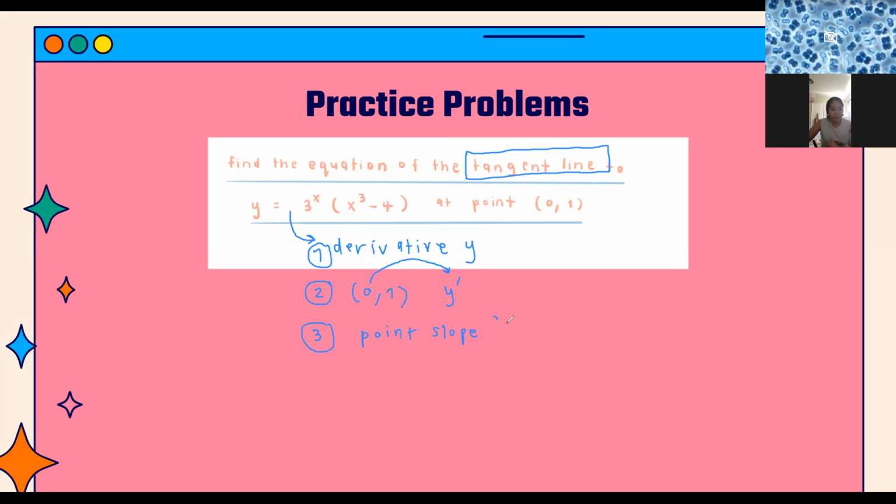You guys remember what's the point slope form? No? Is it y1 minus y2 or y2 minus y1 equals slope times x minus x1? Right. So this formula is also very important for the test.